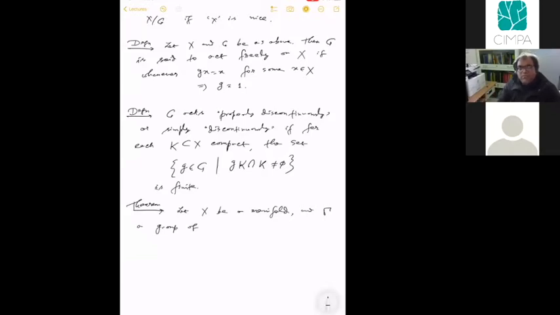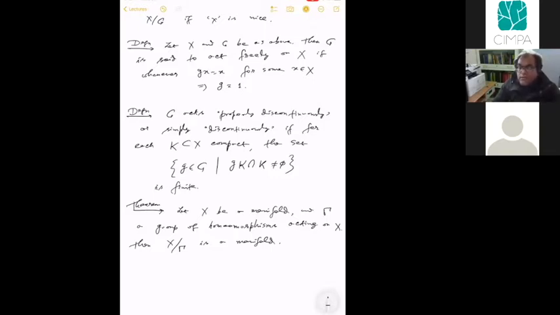This sort of theorem holds for general nice topological spaces also, but here we will assume X is a topological manifold and gamma a group of homeomorphisms acting on X, then X mod gamma is a manifold.